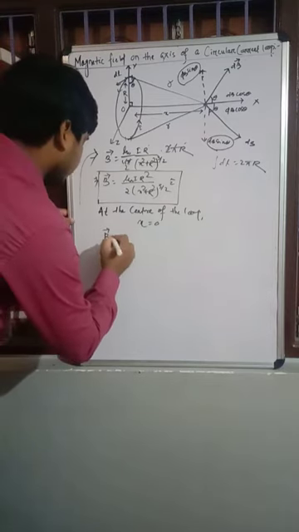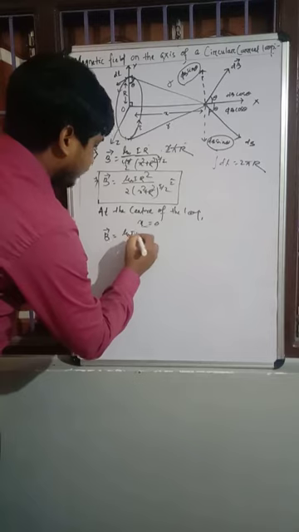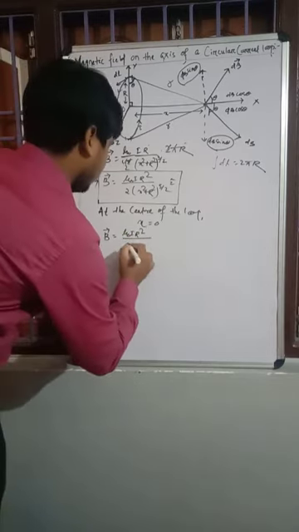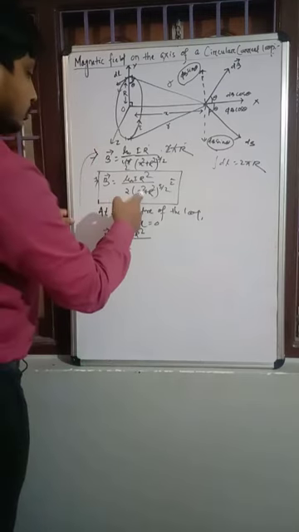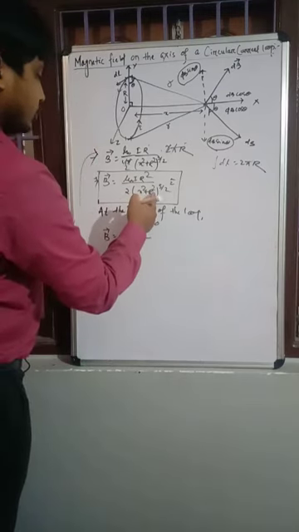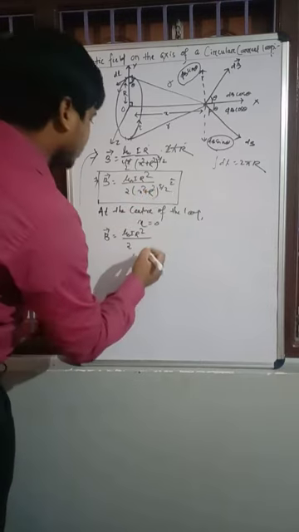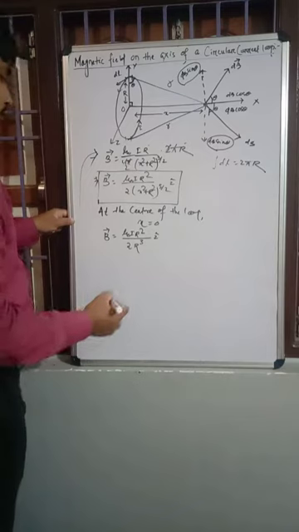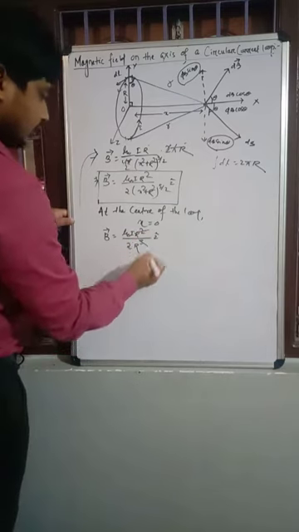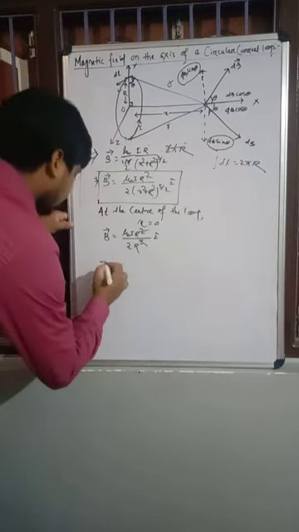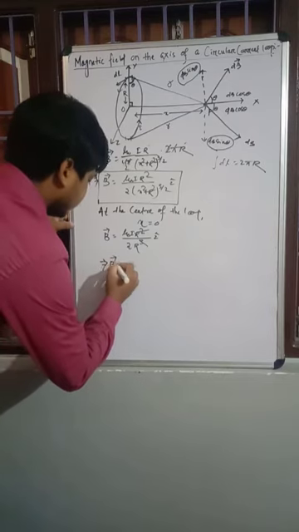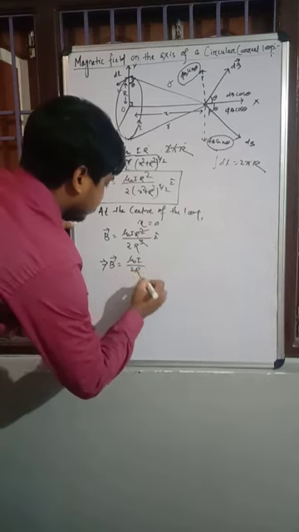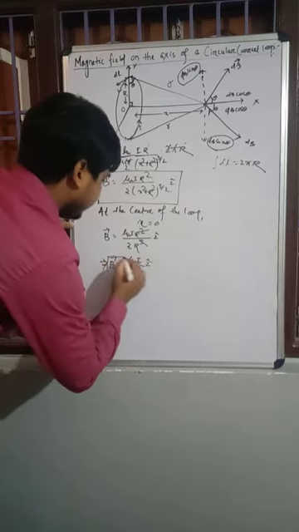Then the B vector will become mu naught I r square divided by 2. This term is 0 and this will become r square to the power 3 by 2, that means r cube, into i cap. And you can see that this r square will be cancelled. So the B vector will come mu naught I by 2r into i cap.